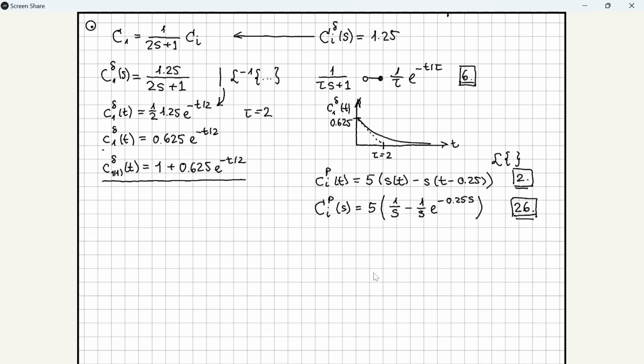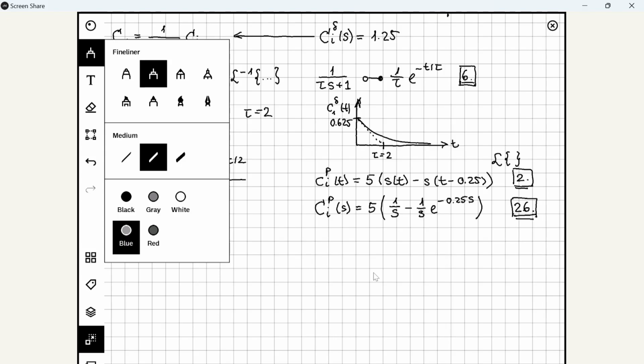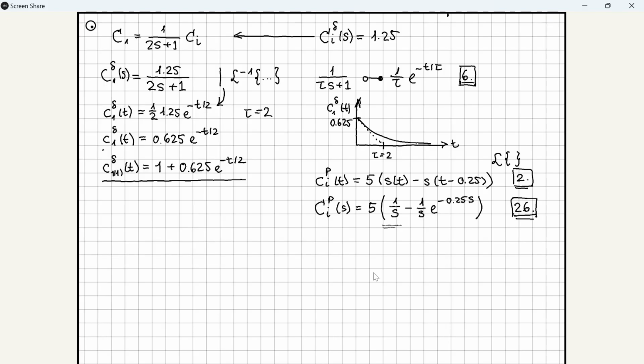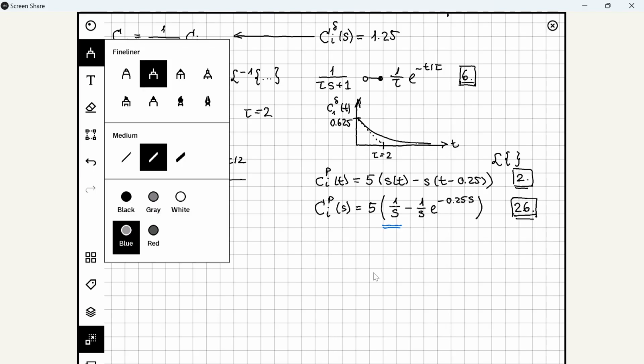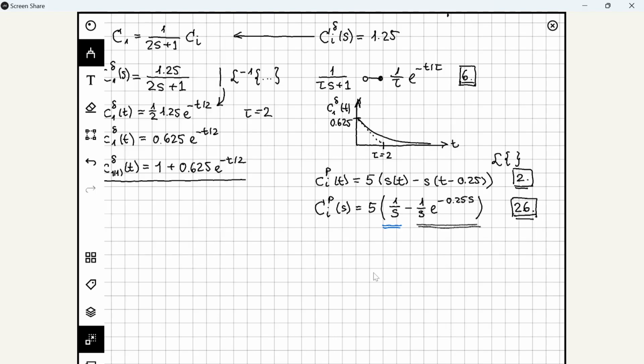Now this is my input pulse, and it consists of two parts. The one part is the original part, this guy here, and the other part is the delayed version.